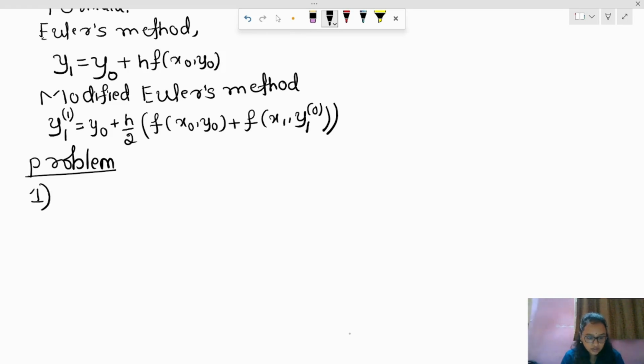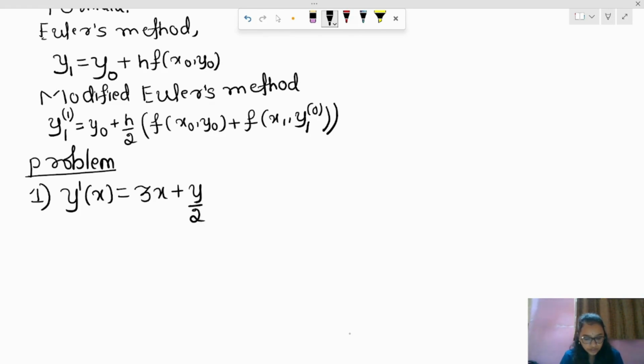They said solve using modified Euler's method, and the differential equation that they have given is y dash of x equals 3x plus y by 2.